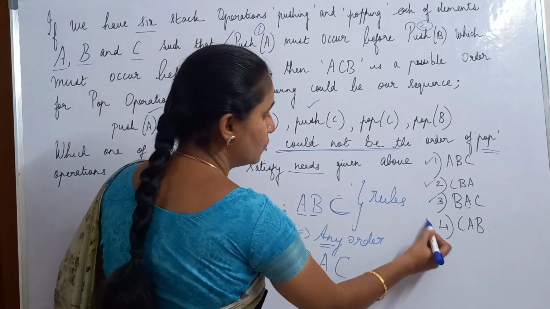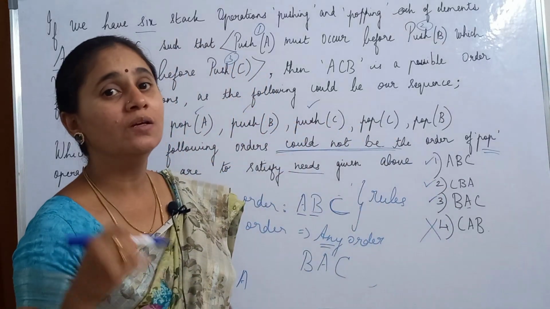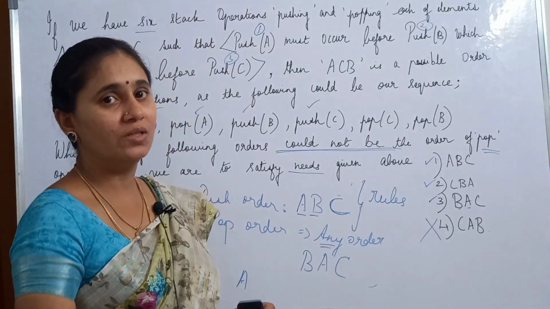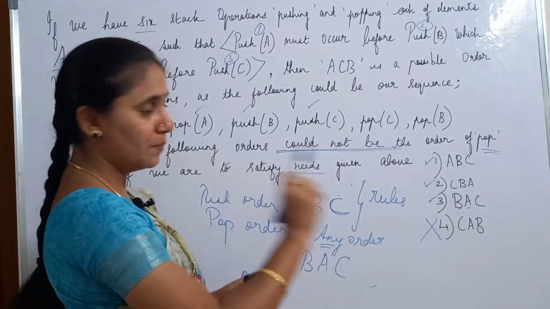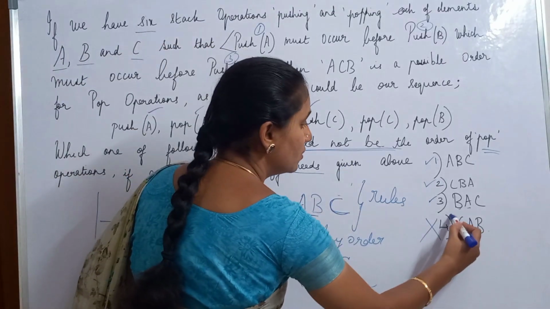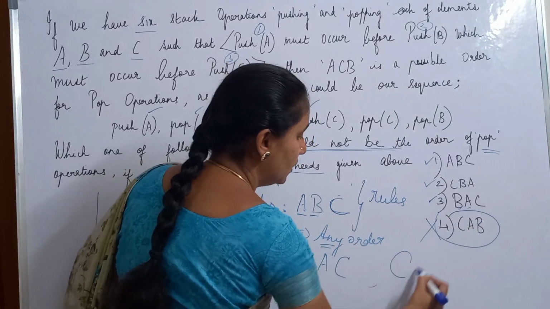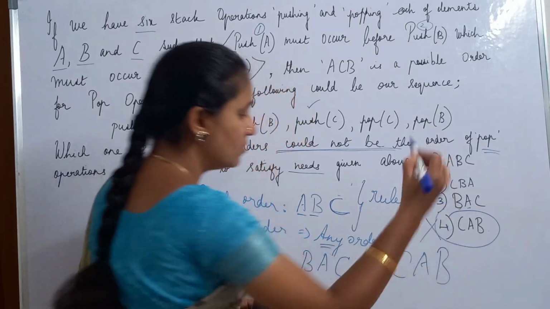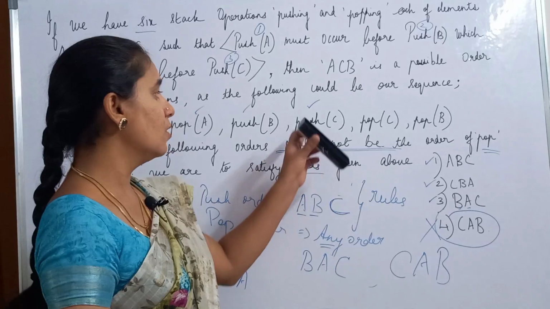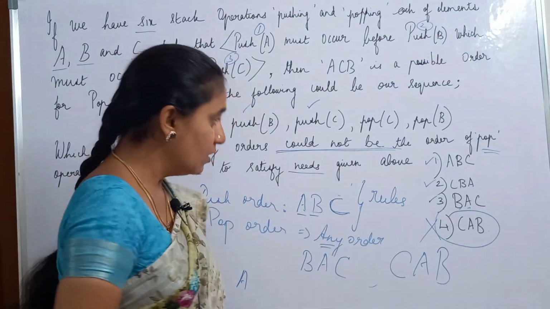So I think this option has the wrong pop order. According to this question, C, A and B is not following the pop order, right?